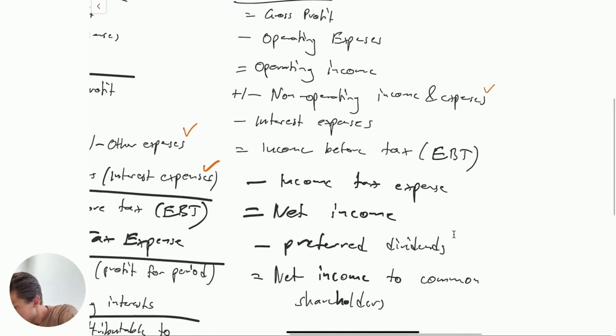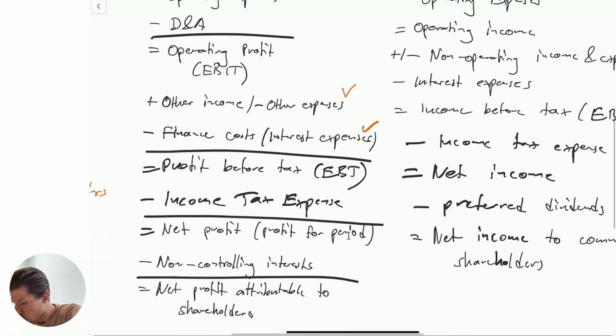And then we have, what else do we have? Non-controlling interest under IFRS. This is when a company owns a subsidiary but does not own 100% of it. And the portion of net profit belonging to minority shareholders is shown separately here. And this is to ensure that only the profit attributable to the parent company shareholders is reported as net profit attributable to shareholders.